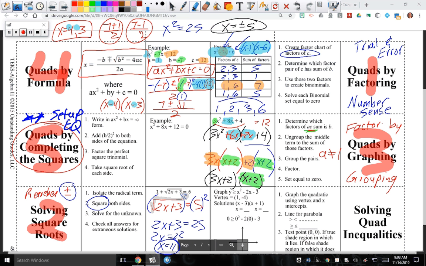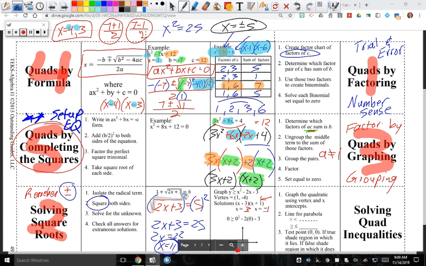Last but not least, this one down here. I have a graph that is saying, look at this. The vertex is at 1, -4. So it's like way down here. Okay? And there are two solutions, which are -1 and 3, because I would set each of those factors equal to 0.